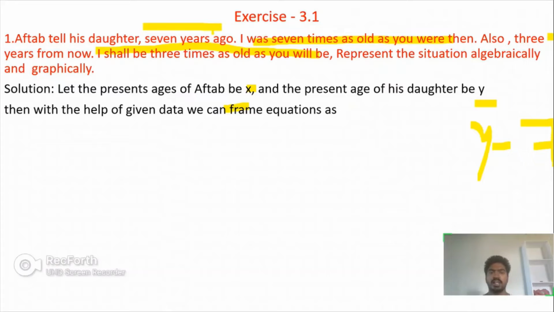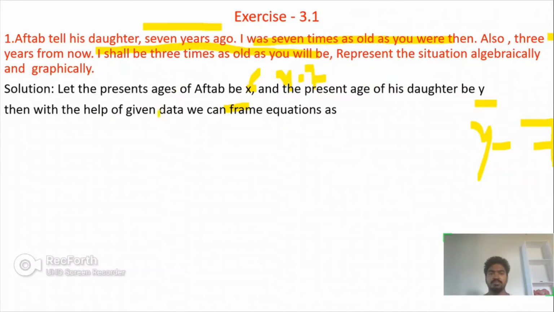So here they are clearly saying that 7 years before, the age of his father will be x minus 7 and the age of his daughter will be y minus 7, and they give a relation between these two: his father's age is 7 times his daughter's.